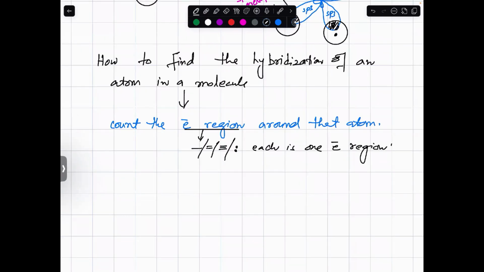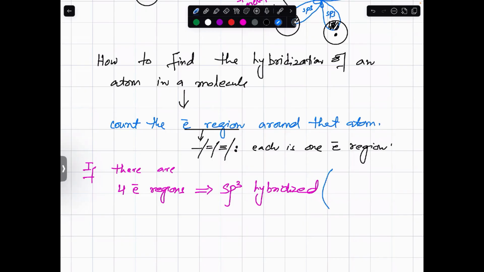Count electron regions around each atom. If there are 4 electron regions, it is sp3 hybridized, meaning its orbitals are called sp3 orbitals.